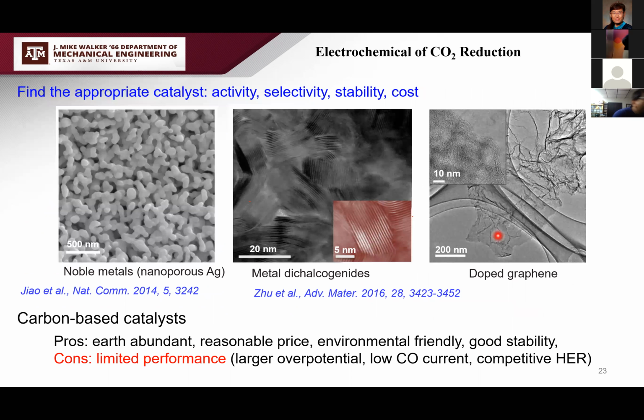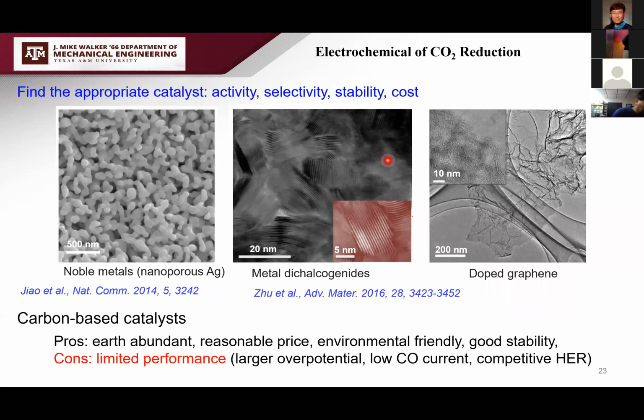So for CO2 to CO, I think the state-of-the-art catalyst is metal, like silver in this case. You can see this nanoporous silver. Also recently, people have used 2D materials. And I'm interested in carbon.